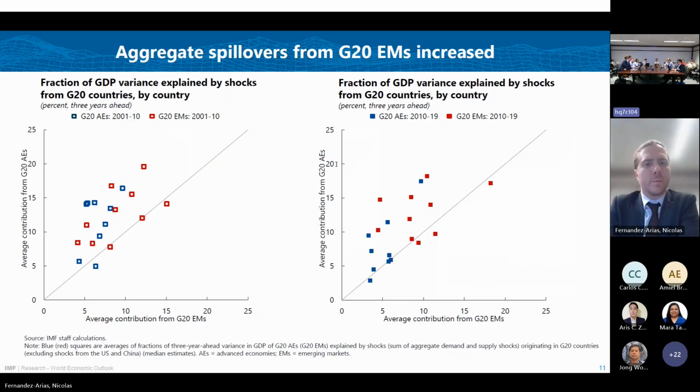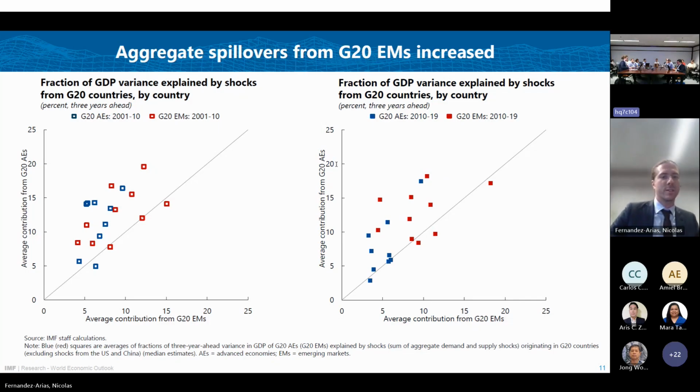Here we return to the main vector autoregression analysis, and we just look at splitting the sample into two components, 2000 to 2019, and look at the fraction of output variance that can be explained by shocks from G20 emerging markets. Here we're excluding the United States as a recipient and China as a source of shocks. And we see that even when doing so, there has been, in several countries, an increasing role of G20 emerging markets in explaining shocks.